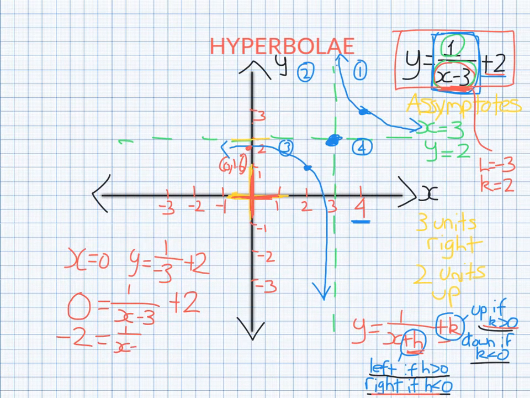And what we can do is actually flip each fraction. So the reciprocal of minus 2 is minus a half. And then we can add 3 to both sides. So here x will be 2.5. That means that this point here, the x-intercept, is (2.5, 0). Okay, so it's just good to mark those.